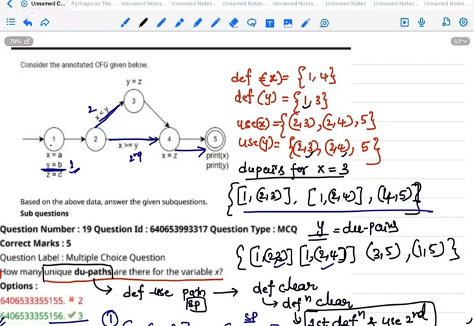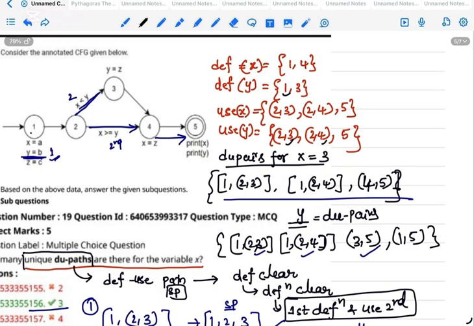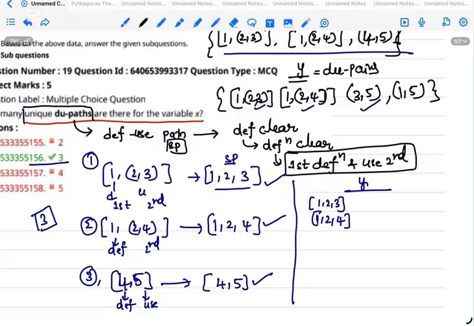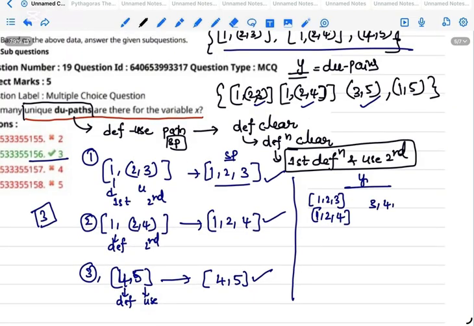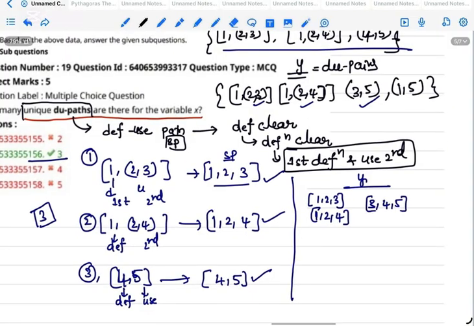And for the third one, 3, 5. Definition is here, of the variable y, y equals to z, and use is at 4 to 5, print y. So 3, 4, 5 is a valid du path.